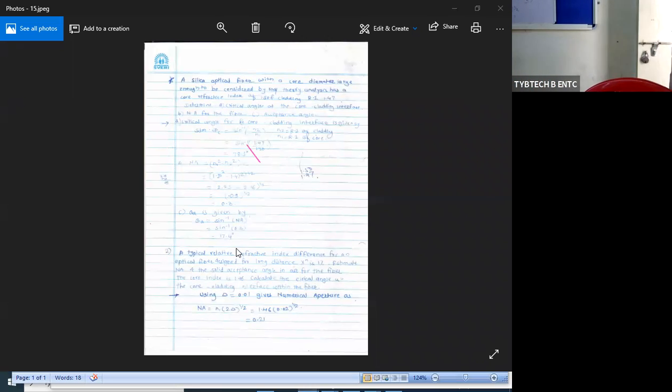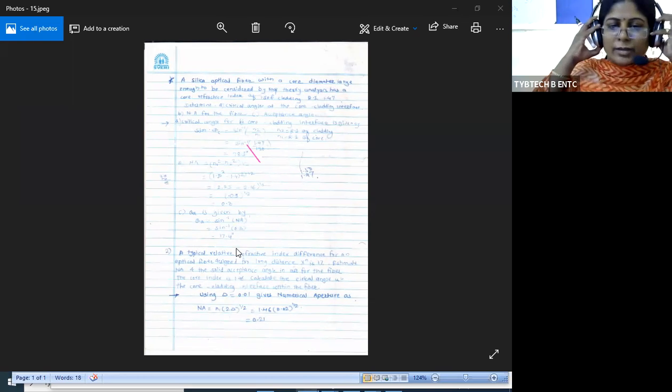It is 1.46 square minus 0.2 square, and then you have to take the square root of that again. Tell answers, always. Got the answer?